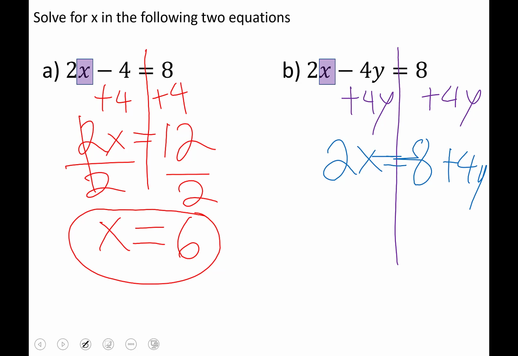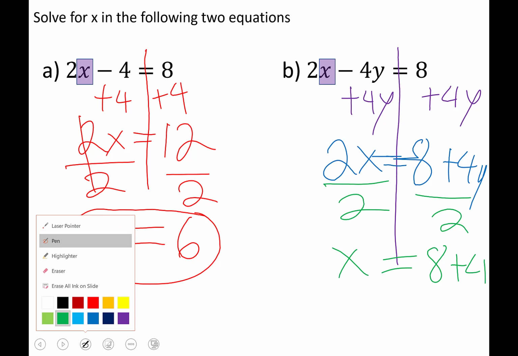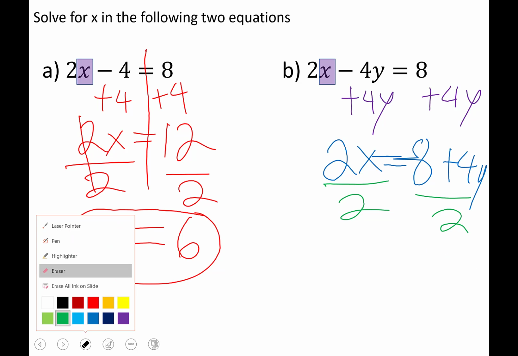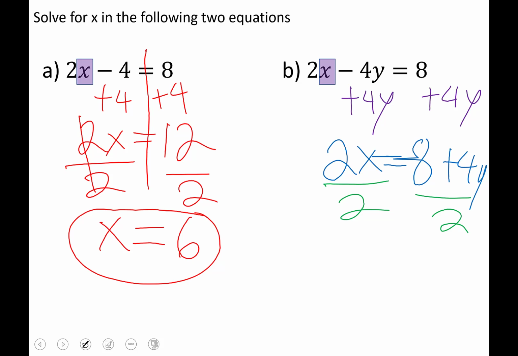Now I still have this 2 times x. Well, how do we undo something that's multiplying? We divide. And I get x is equal to 8 plus 4y, divided by 2.